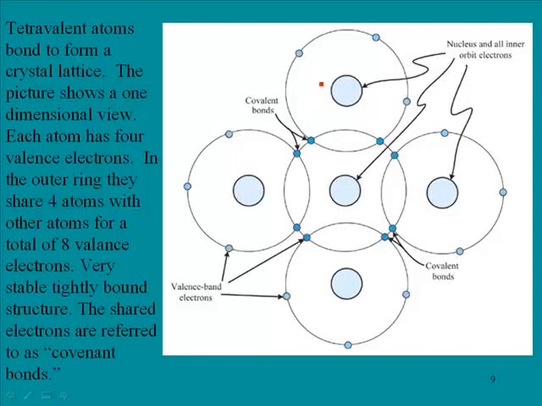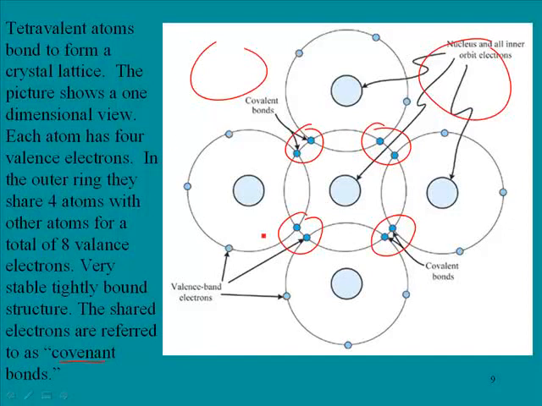Since there are 4 right next to it, it has an additional 4 electrons. So rather than 4, it has 8 electrons in its outer valence shell. Now, 4 of them are what we call covalent bonds because they are shared electrons. As we go on, we could have others out here, and we would find that all of them would have the 8 electrons, except those on the very outer edge, which wouldn't have the advantage of the extra electrons.